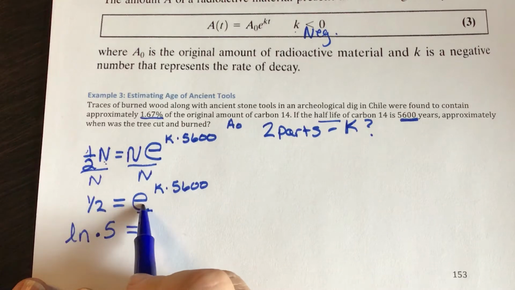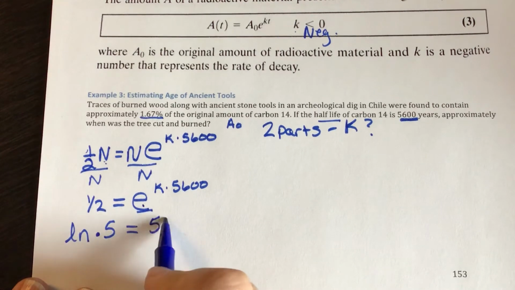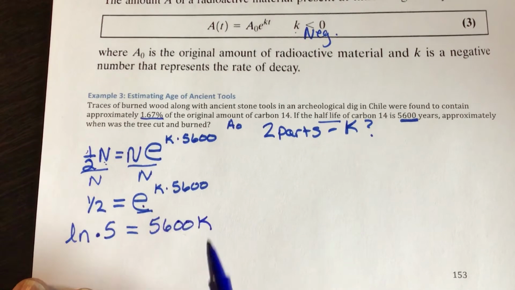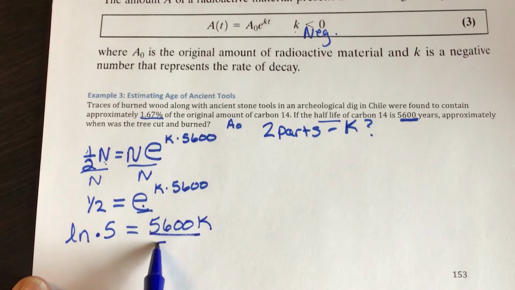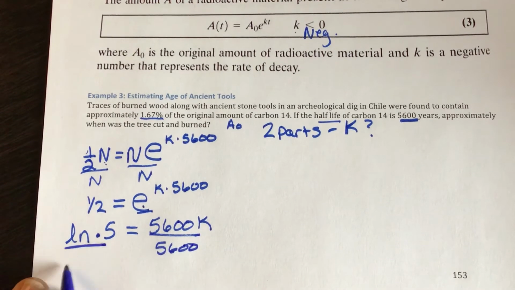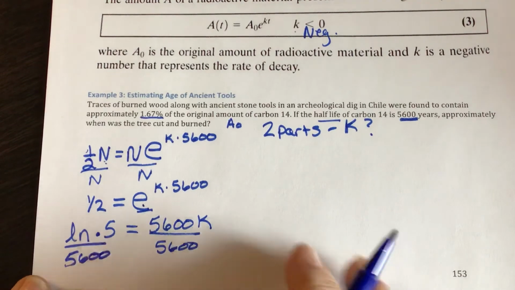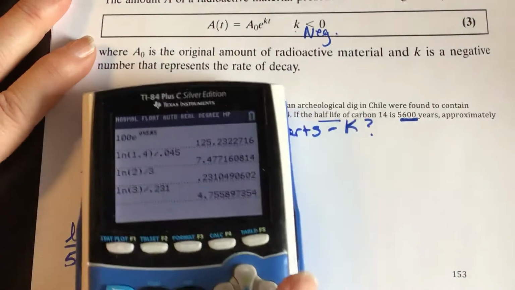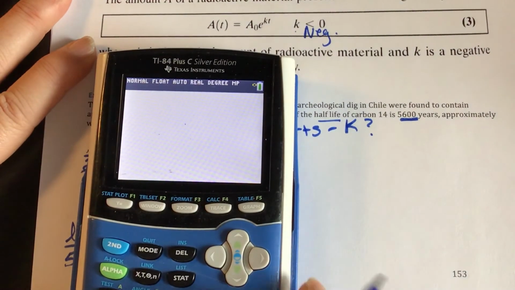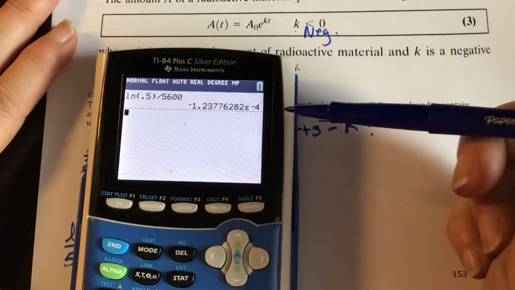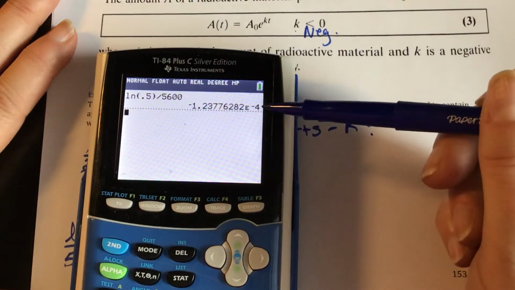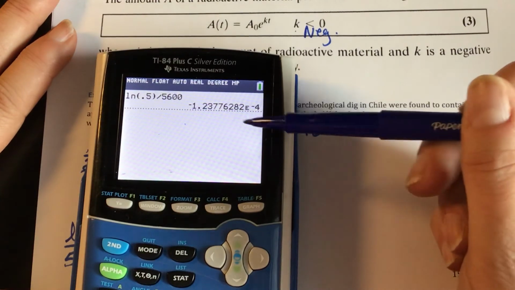The ln and e will cancel, so I have 5,600K. To solve for K, I'm going to have natural log of 0.5 divided by 5,600. And for some reason, my calculator is giving me this value in scientific notation.